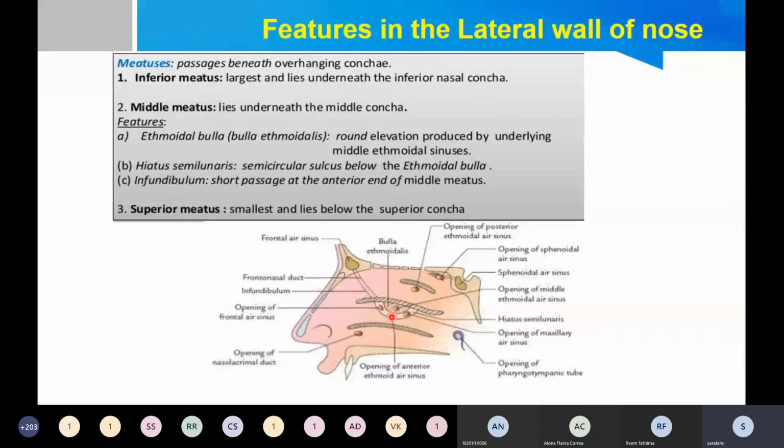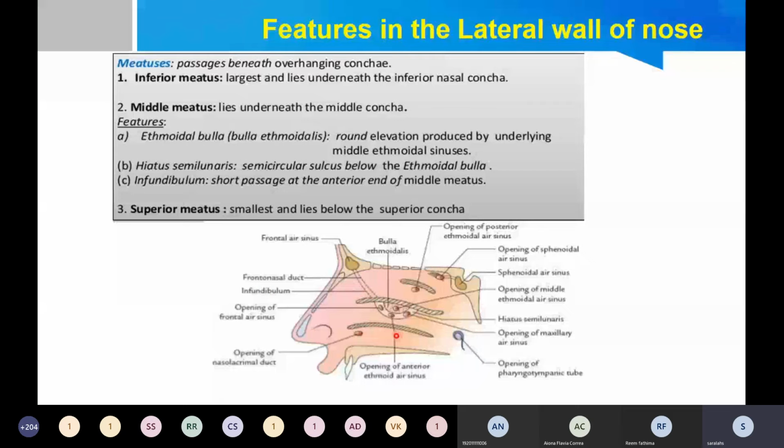Below the bulla ethmoidalis, you are seeing a crescent shaped area. This is called the hiatus semilunaris. Below the bulla ethmoidalis, there is a crescent shaped area called the hiatus semilunaris. And then in the upper part, there is a little dilated area, that's called the infundibulum.